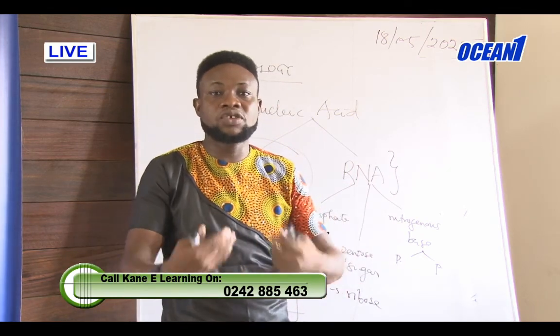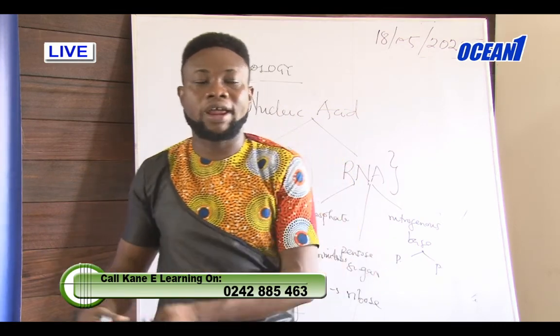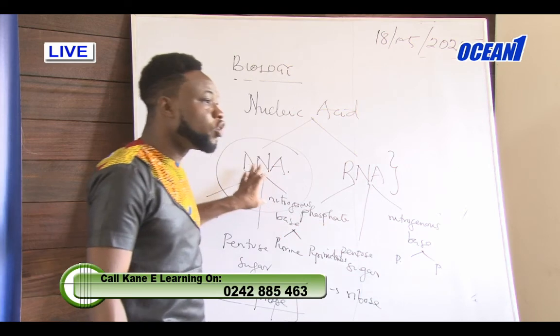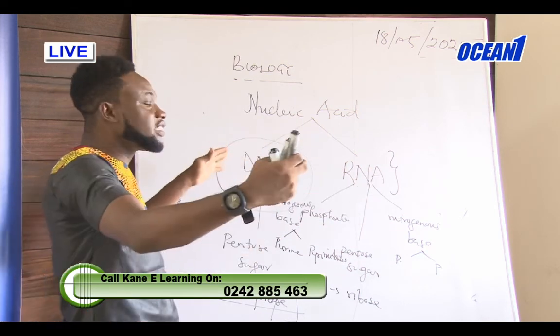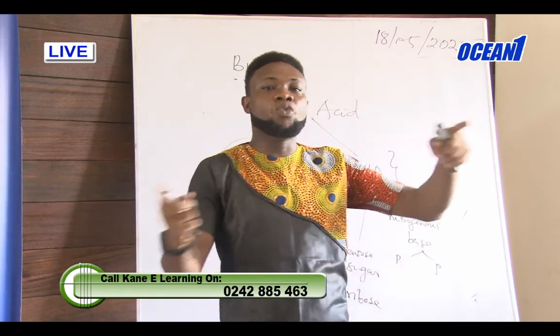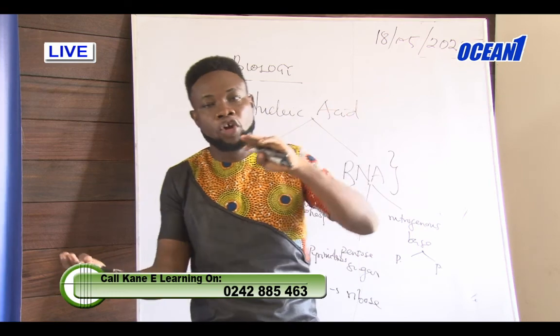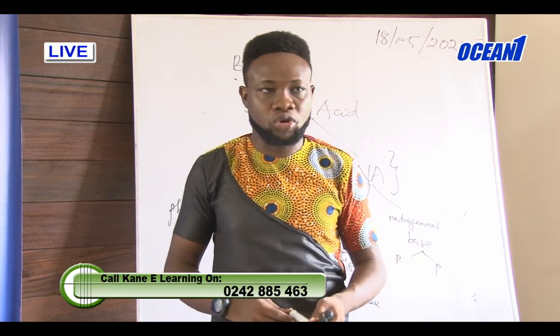Before their work, they knew the DNA to be a nucleotide, but Watson and Crick brought clarity on the structure of the DNA. Then we said that the diameter of the DNA is 20 angstrom, and in one turn, from one shallow groove to another shallow groove, we have 34 angstrom.